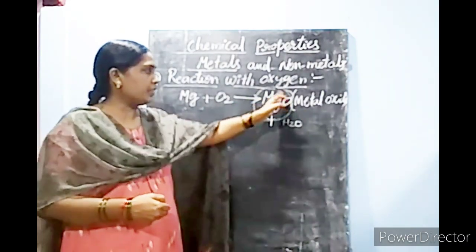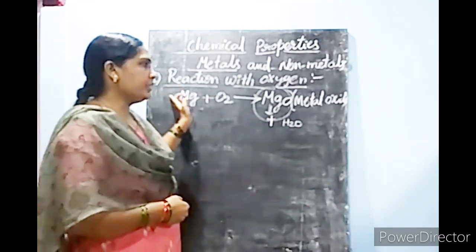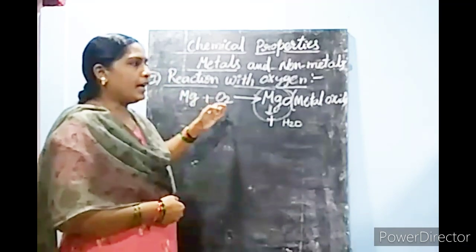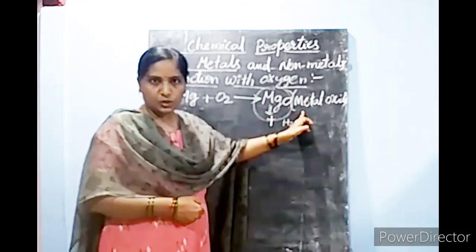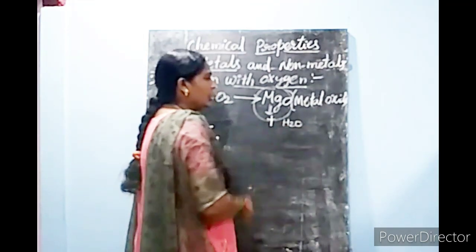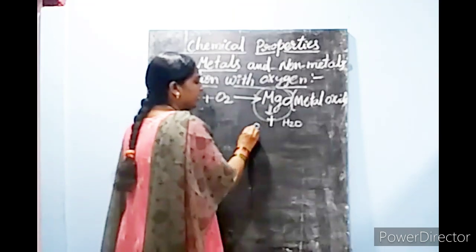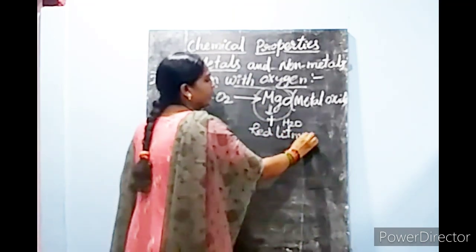This ash is formed after the magnesium is burnt. This ash completely dissolves in the water. So this magnesium oxide dissolved in water, you test with red litmus and blue litmus papers.